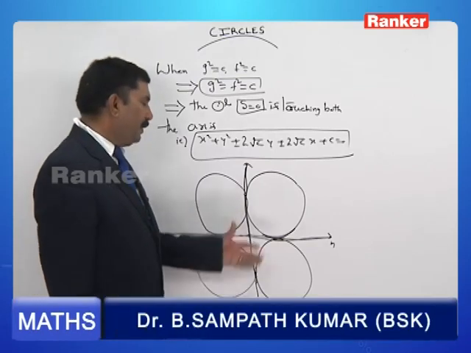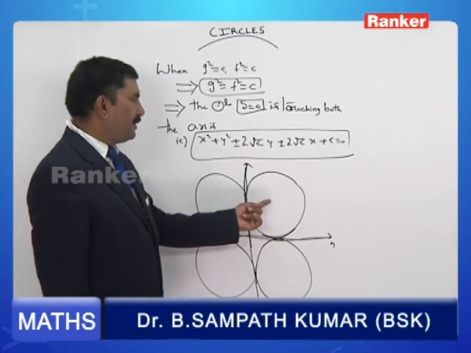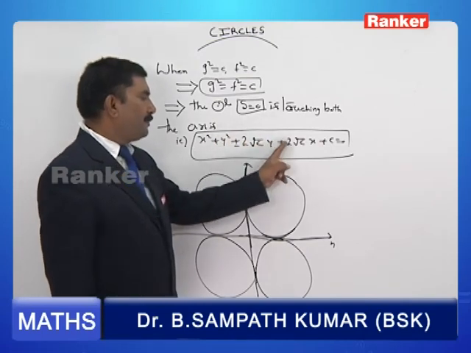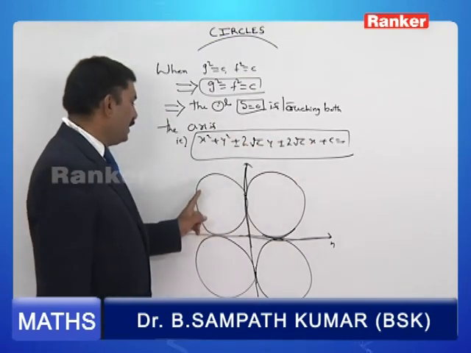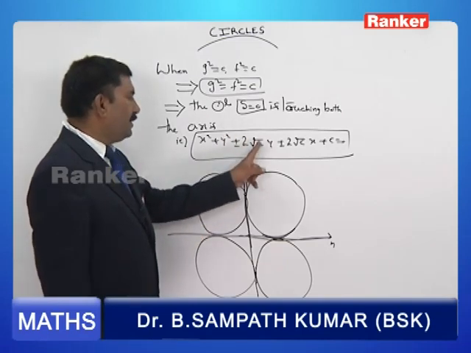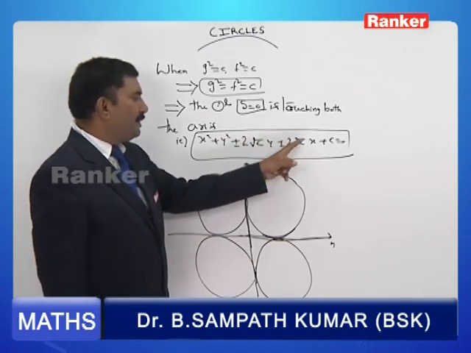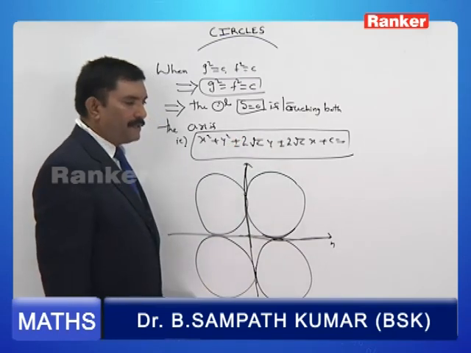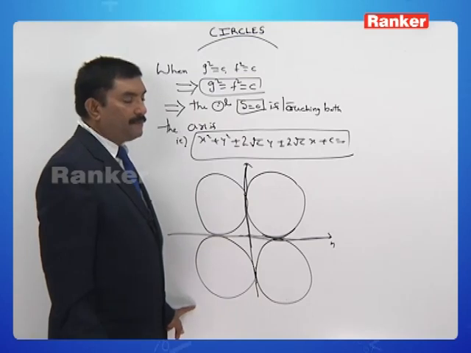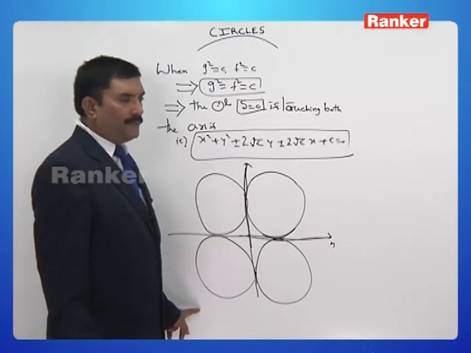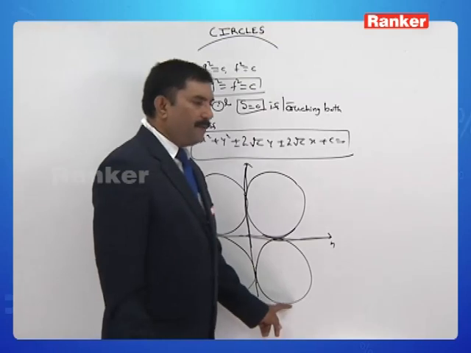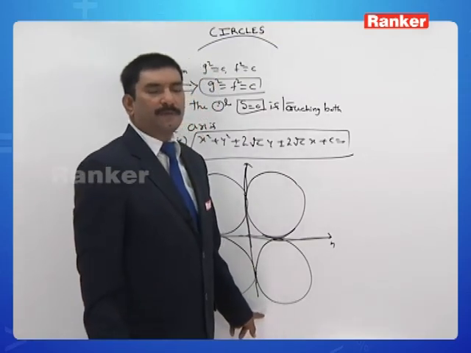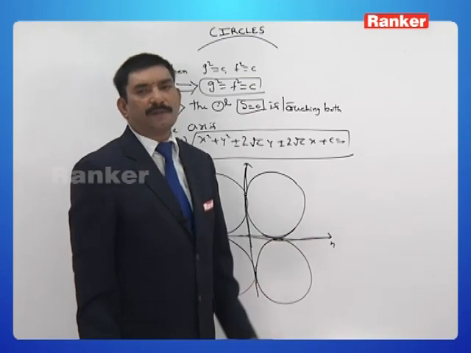So these circles may be represented as x square plus y square plus 2 root c y plus 2 root c x plus c. This may be x square plus y square plus 2 root c x minus 2 root c y plus c. Here x square plus y square minus 2 root c x plus 2 root c y plus c, and here x square plus y square minus 2 root c x minus 2 root c y plus c is equal to 0.